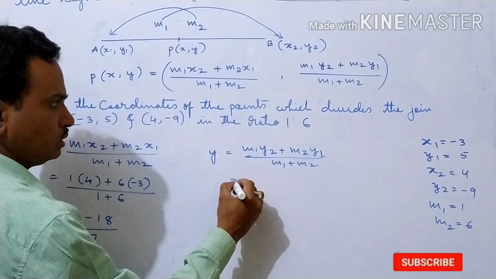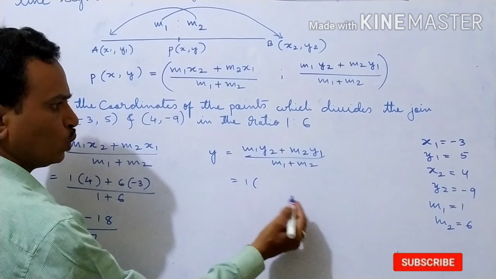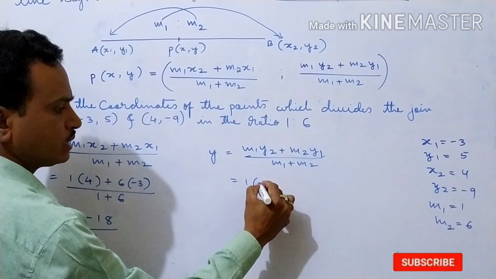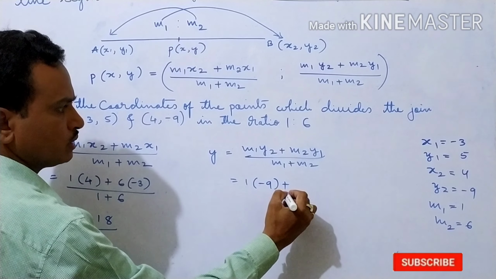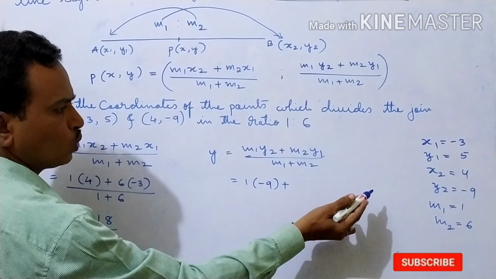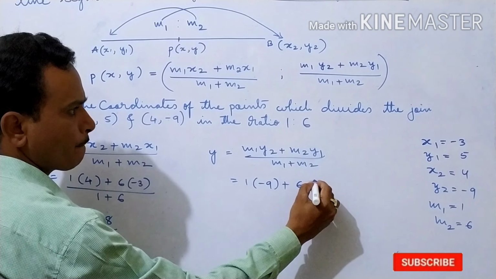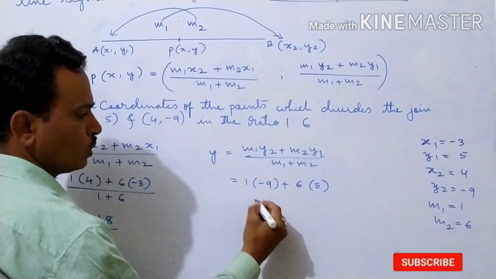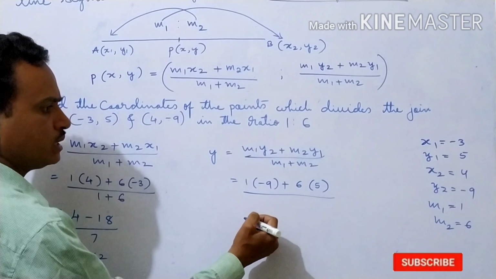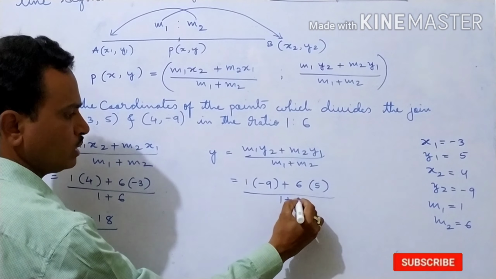What is m1? 1. y2 is -9, plus m2 is 6, y1 is 5, whole divided by m1 plus m2, 1 plus 6.